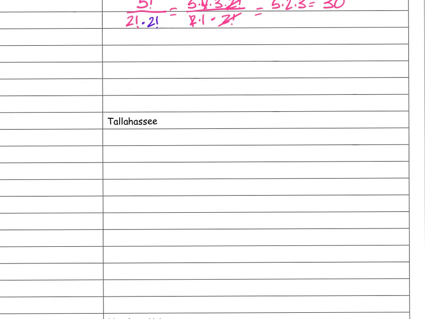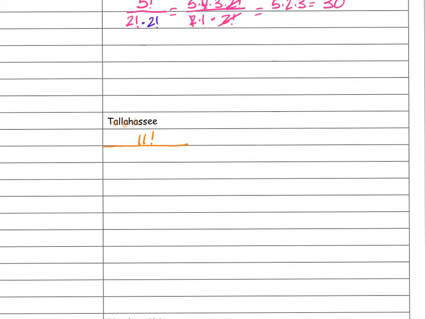Our next word is Tallahassee. So we're going to count the number of letters in the word Tallahassee, which I think is 11: 1, 2, 3, 4, 5, 6, 7, 8, 9, 10, 11. Yes, 11 factorial. And now we're going to count the repeated letters. I'm going to start with my A's.